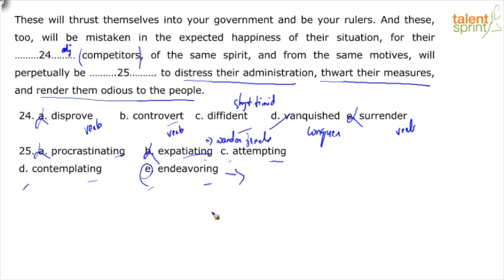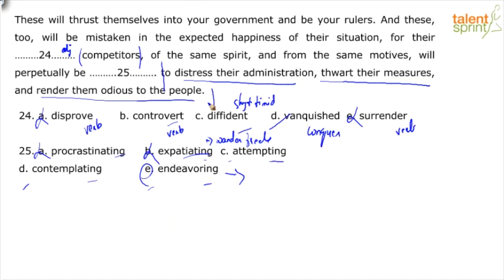What do you mean by endeavoring? Which means you're working with a specific goal, with this particular purpose. What do you want to do? Everything is mentioned here. They want to distress the administration. They want to thwart their measures. They want to render them odious to the people. So, when there is something so specifically mentioned, the closest word is endeavoring.